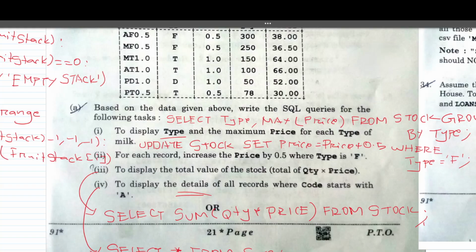Most of the students will be confused whether it will be percentage A or A percentage. Do remember students, whenever we are dealing with starts with, we will be writing this, and this will be for ends with. Okay, this will be starts with.